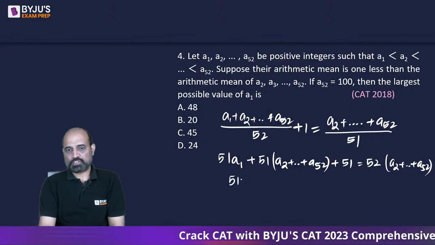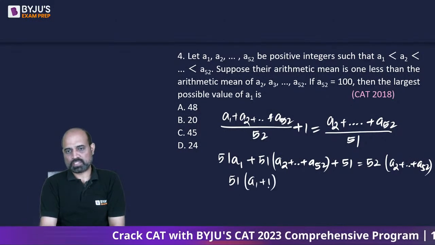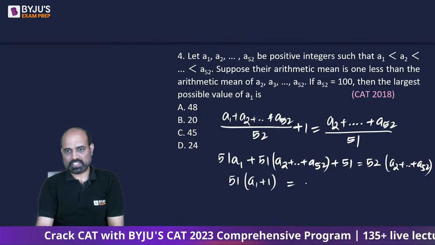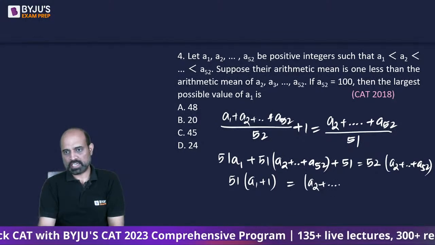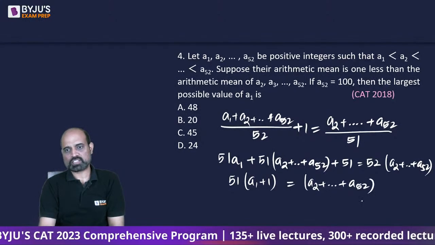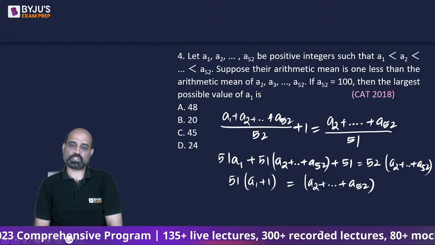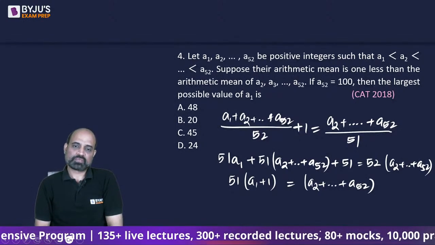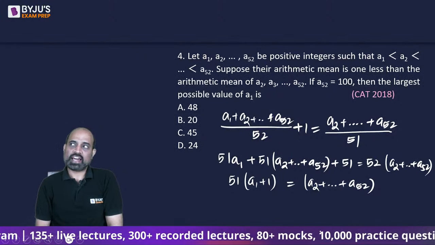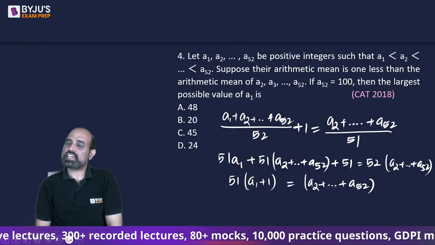So we will get 51 times a1 plus 1. This is something that I am writing down. And on the other side, we will have the sum of a2 to a52 is 51 times a1 plus 1. So their average is 1 more than a1.